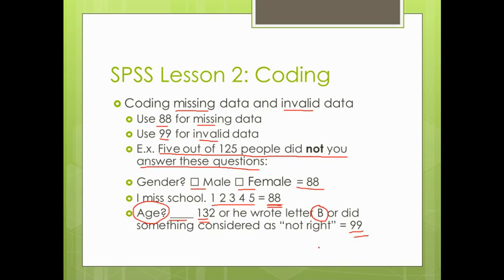Also, it's not missing because at least he wrote down B in this situation, but it does not look right. So you conceptualize it as invalid data, and you code 99 for variable age for that particular respondent.